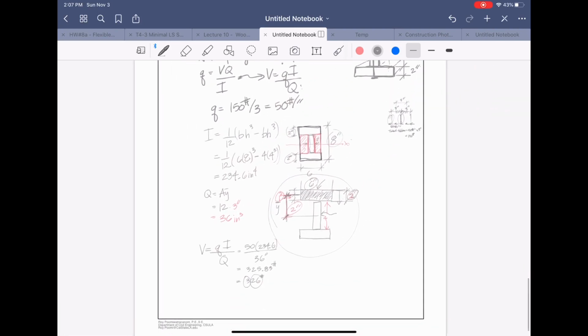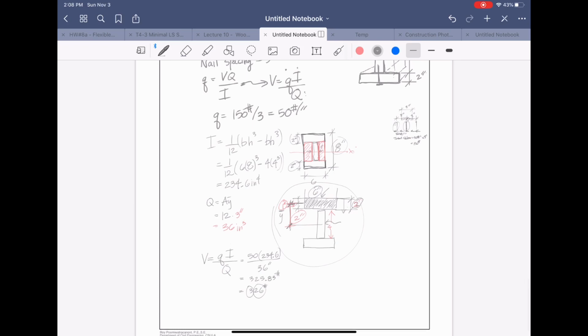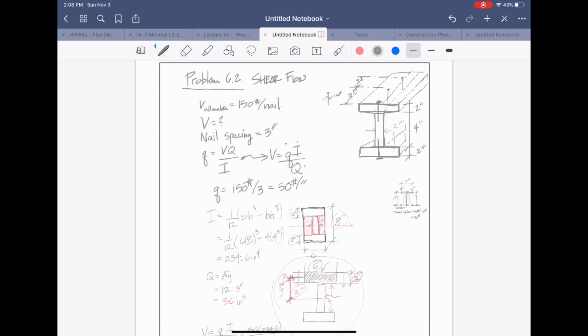So let's go back and talk about what we just did. In this problem, we were asked to solve for the allowable load, or the question would be, what load would cause my nail to have 150 pounds of shear load, right?